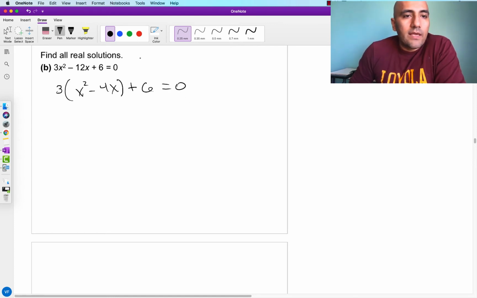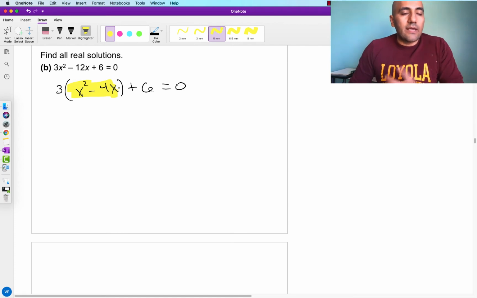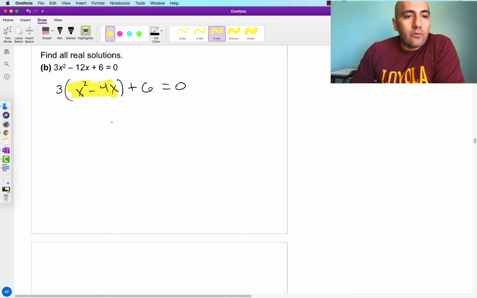equals 0. And now what I'm going to do is I'm going to focus just on this part in here. This part in here fits the pattern exactly the way I want it. It has a 1 out in front, plus or minus some constant x, and so I can add and subtract the perfect thing inside these parentheses and get a perfect square trinomial in there. Okay, so following my pattern, I know that I need to focus on this. Remember, the perfect thing to add and subtract is going to be equal to half this squared.